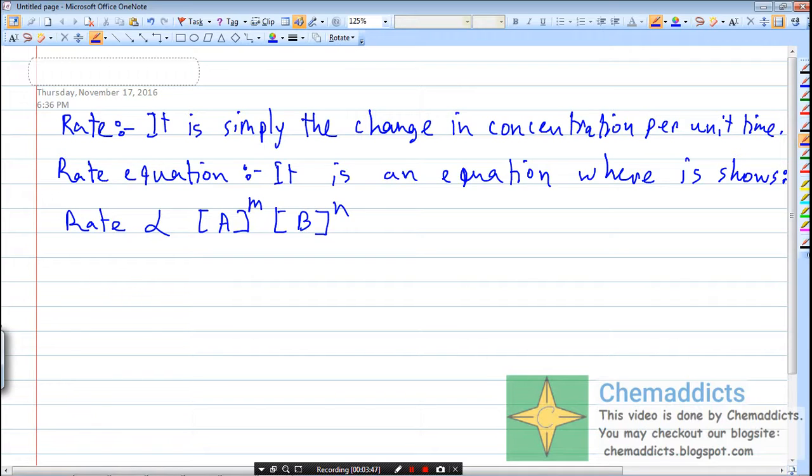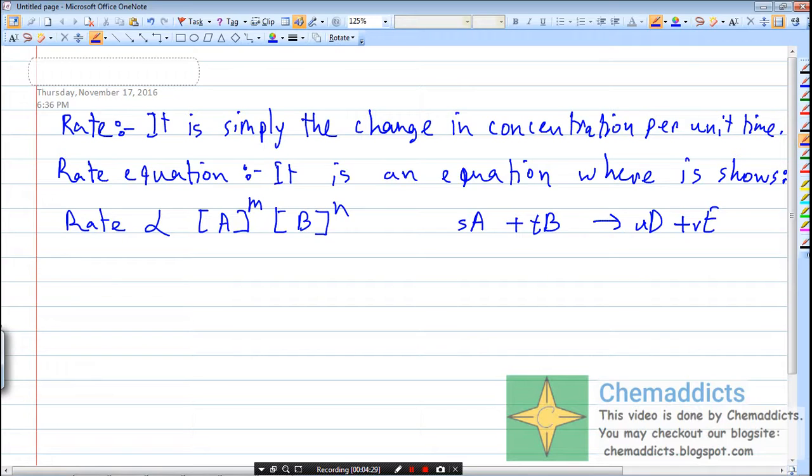So these are the reactants A and B. Suppose this is the reaction A plus B gives D plus E. Okay, so these powers are not the coefficients of the reactants and products. This is something else. Let us write the coefficients as S, T, U, V. Those mean something else. These are called moles. So we are not using moles over this power.